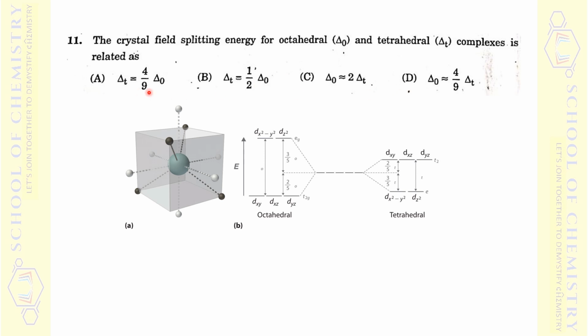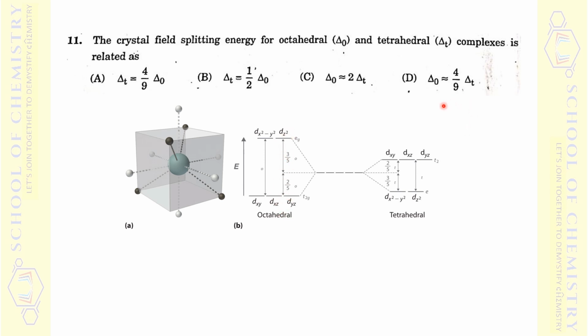Now among these two you have to choose the correct one. If you are confused here, the value 4 by 9 is given correctly, but whether it is delta T equal to 4 by 9 times delta O, or delta O equal to 4 by 9 times delta T, this fact comes to your help: delta O is always larger, right?